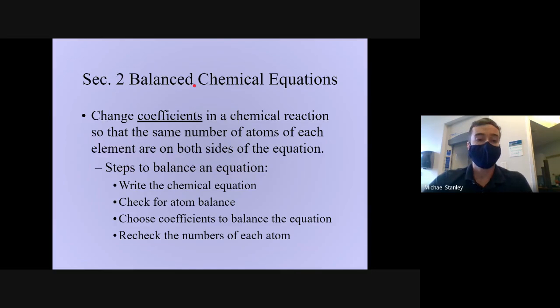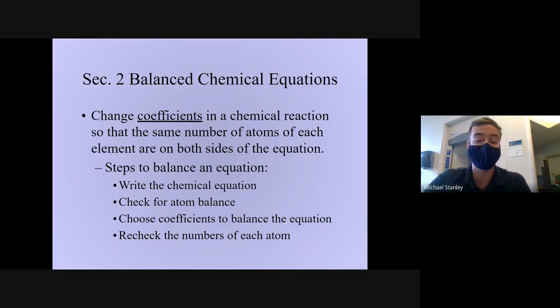Usually, when we're going to balance chemical equations, we're going to start off with just the compounds themselves: CO2, H2O, O2, glucose, those things. And then it's up to the scientist to figure out what coefficients can go in there to make sure we have the same number of each atom on the reactant side and on the product side.